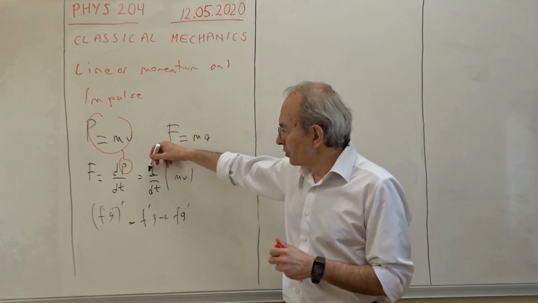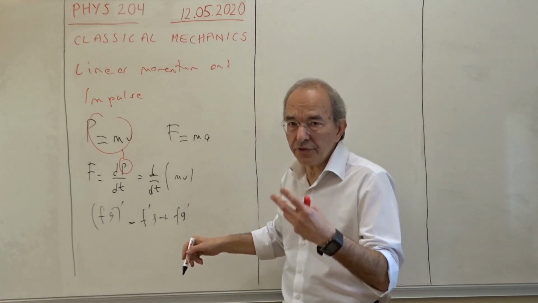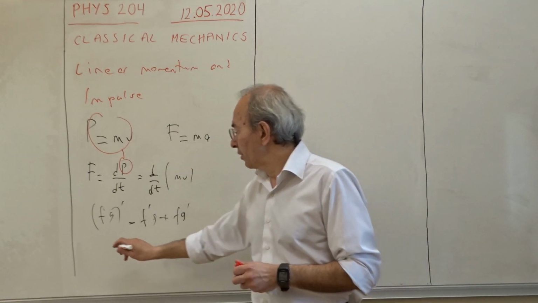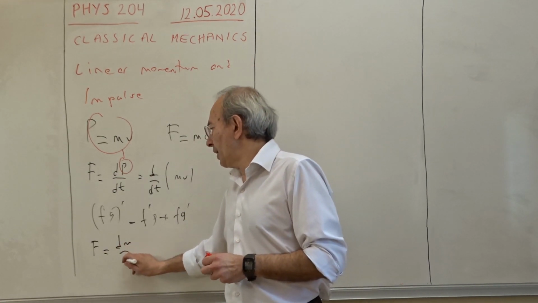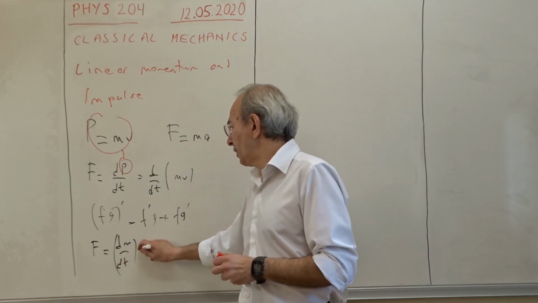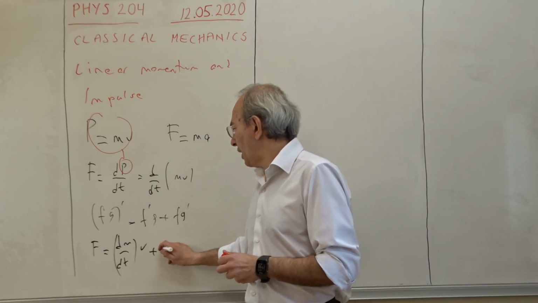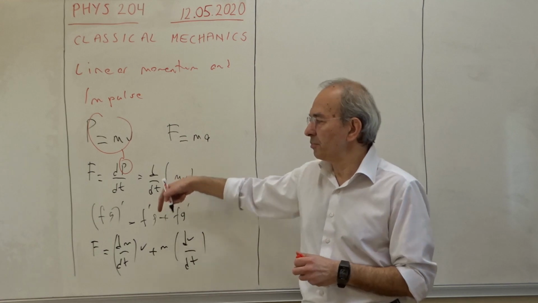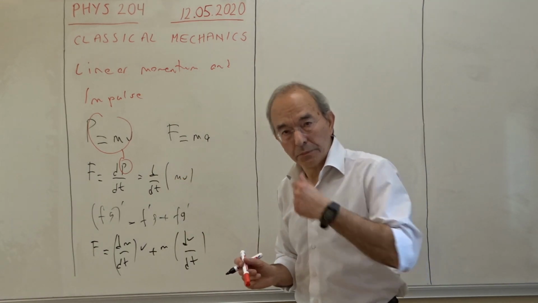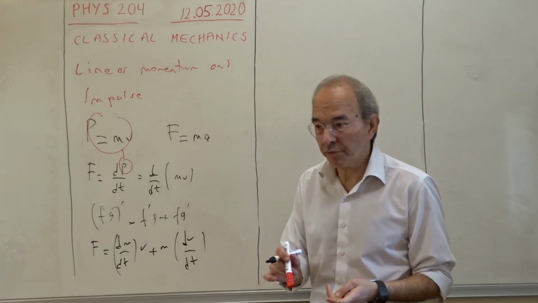So if you apply this time differentiation on this product, what do we get? F is equal to dm by dt multiplied by v plus m times dv by dt, according to this simple rule for the differentiation of a product.